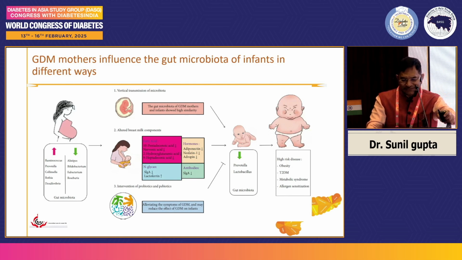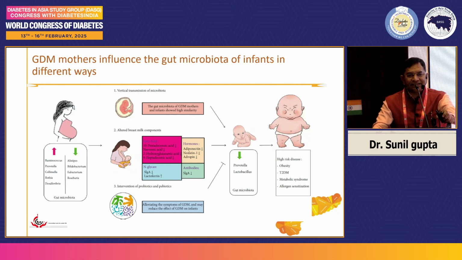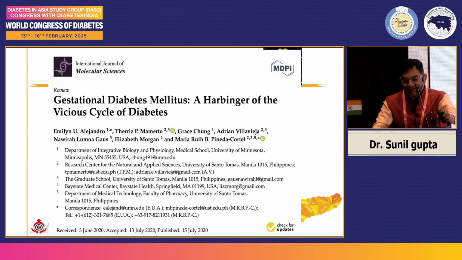And this is a wonderful diagram showing you multiple good bacteria which are becoming less, and some of the inflammatory bacteria which are going up, and they are causing some changes in the milieu, and they might be responsible for childhood obesity in these babies who are born to these mothers.